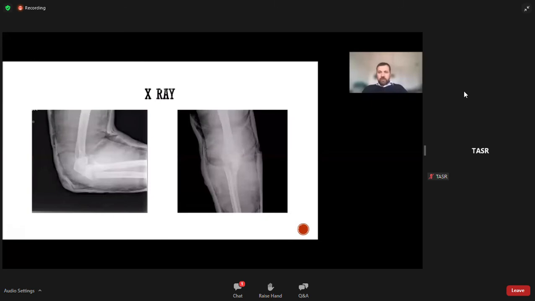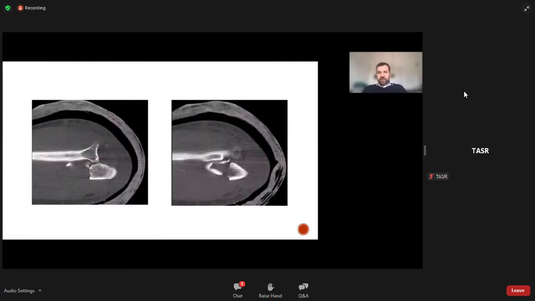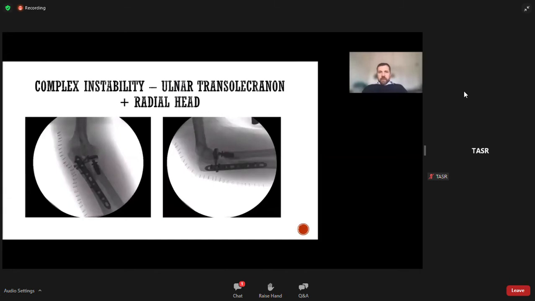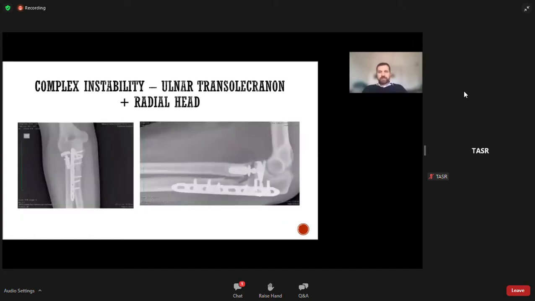This is the X-ray of the previous patient in which we fixed the ulna, and at the same time we did a replacement of the radial head. Of course, this is a complex instability with the ulnar transolecranon fracture and the radial head, and this is the final construct. You can do everything in the same session from the posterolateral approach. This, I think, is a great advantage.